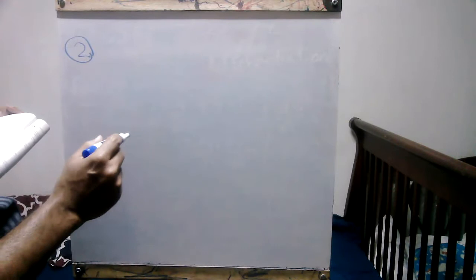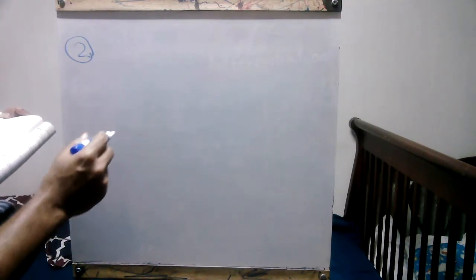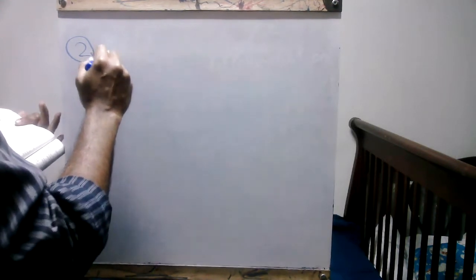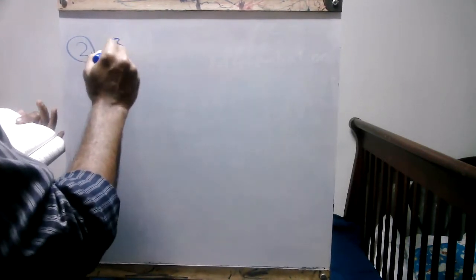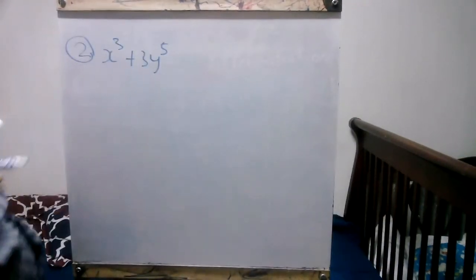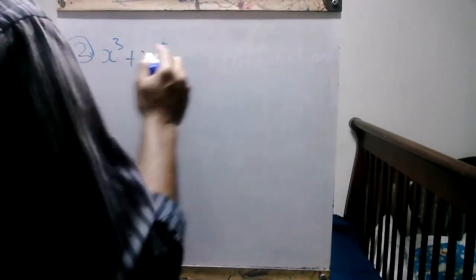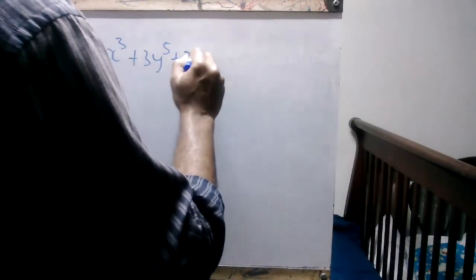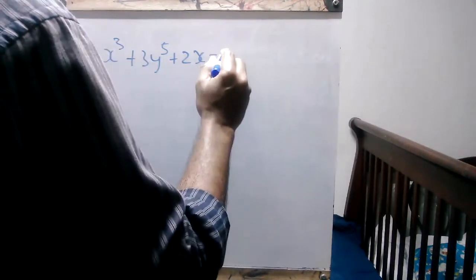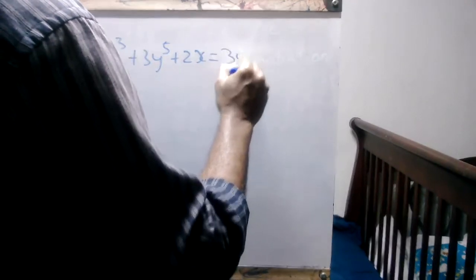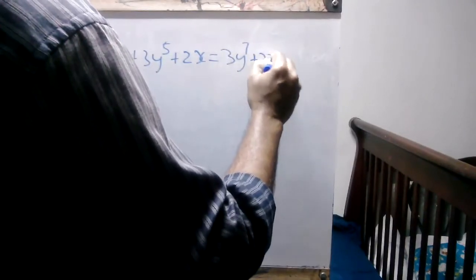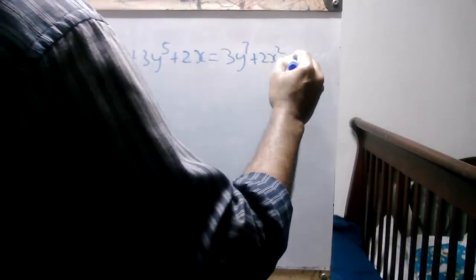Given the equation x cubed plus 3y^5, I write the equation here, plus 2x equal to 3y^7 plus 2x square plus 4.